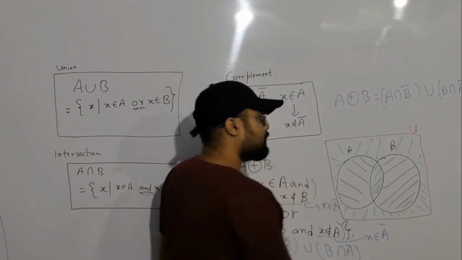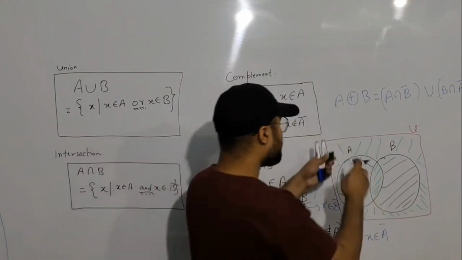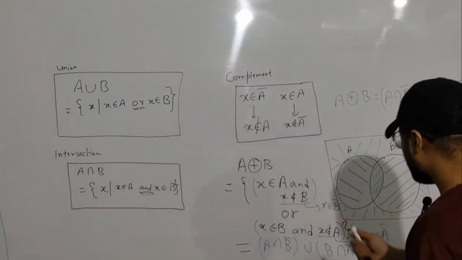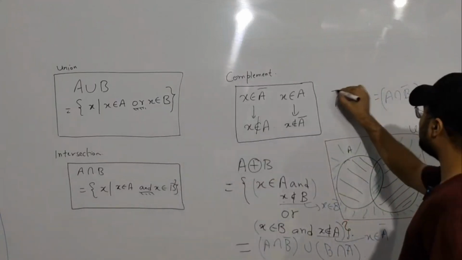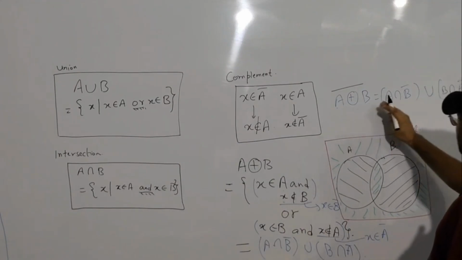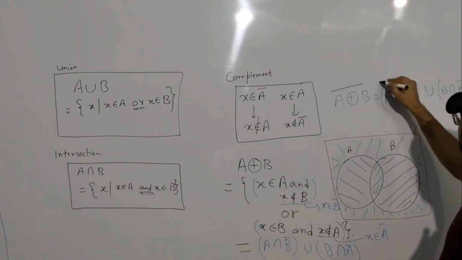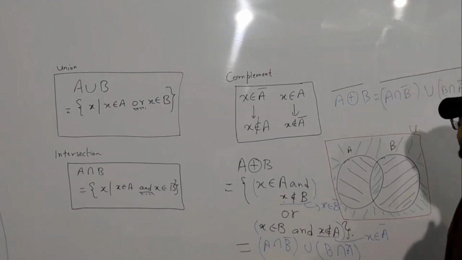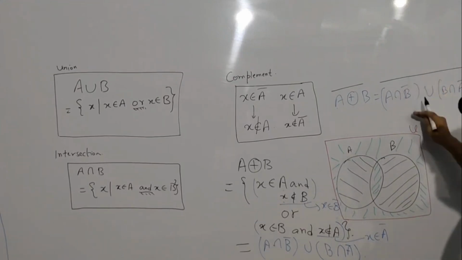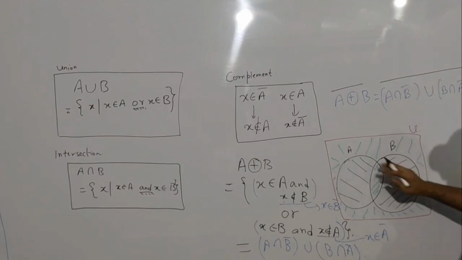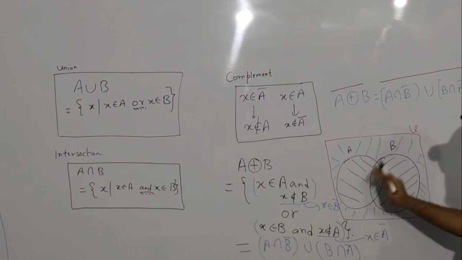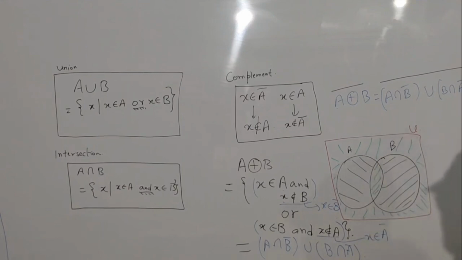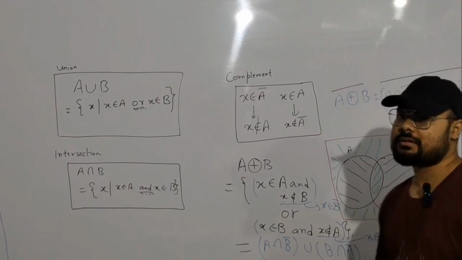When you perform a complement, you are complementing both sides of the equation. Now you can just apply De Morgan's law, and whatever the result is would include only these regions. So there are two things you can do.